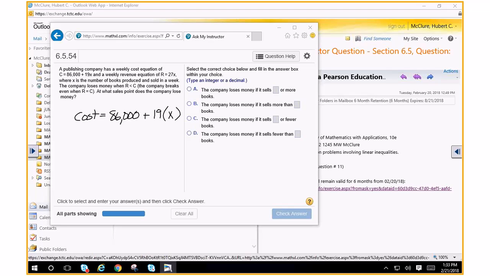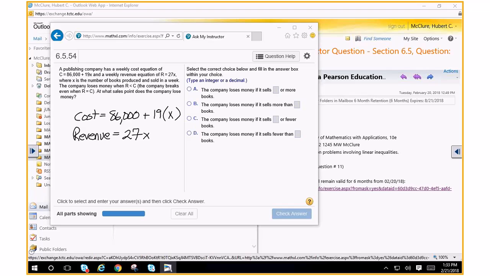Revenue is what you bring in, and revenue minus cost is called what? P word. Profit. Yeah. Okay? So, y'all suck. Revenue is 27X, and X is the number of books again.